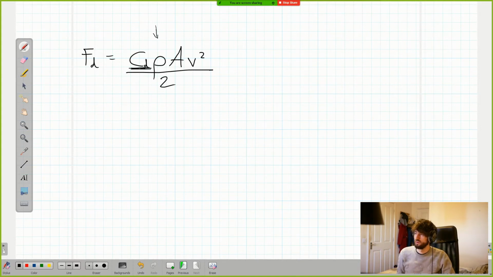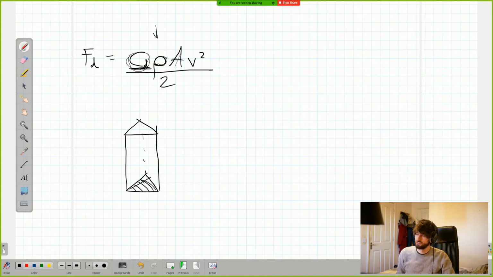So the rho and the A. This is density, the density of the fluid, but this also includes the material. Let's look for a sec at this. This is a Toblerone, and let's say your Toblerone is falling.